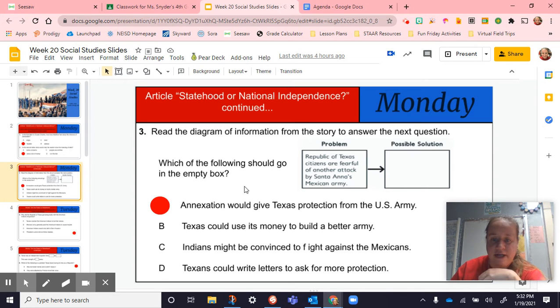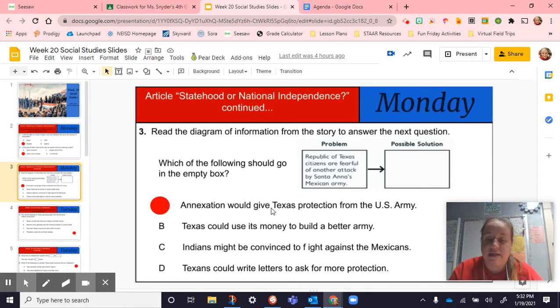It says, read the diagram. Republic of Texas citizens are fearful of another attack from Santa Anna's Mexican army. They had just been defeated at the Battle of the Alamo. Now they're thinking, okay, here we have all this money that we owe, so we don't have money to strengthen our army or buy protection or anything like that.